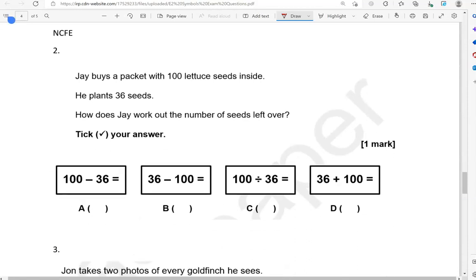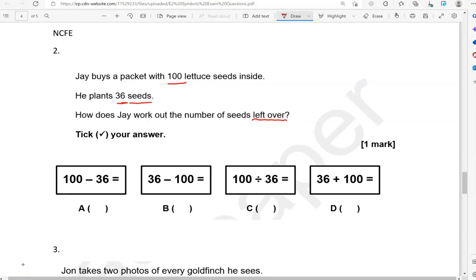Jay buys a packet with 100 lettuce seeds inside. He plants 36 seeds. How does Jay work out the number of seeds left over? Tick your answer. So those two words, left over, you'll probably know that it's normally linked with subtraction.